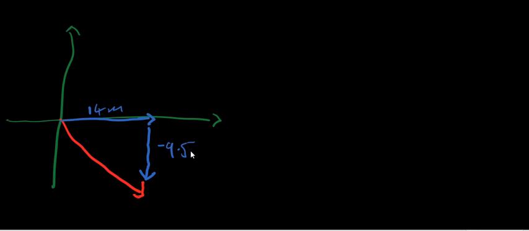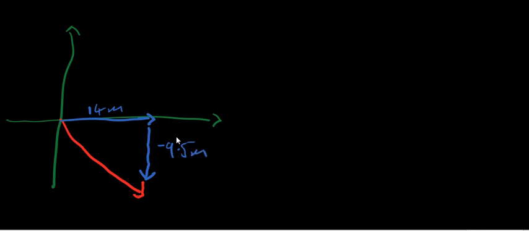The vector is coming from the origin, and you have the x component and the y component. The x component is this one, which is 14 meters, and the y component is this one, which is simply negative 9.5 meters.